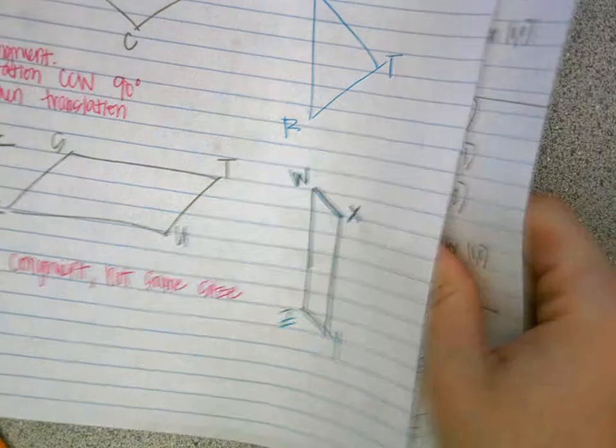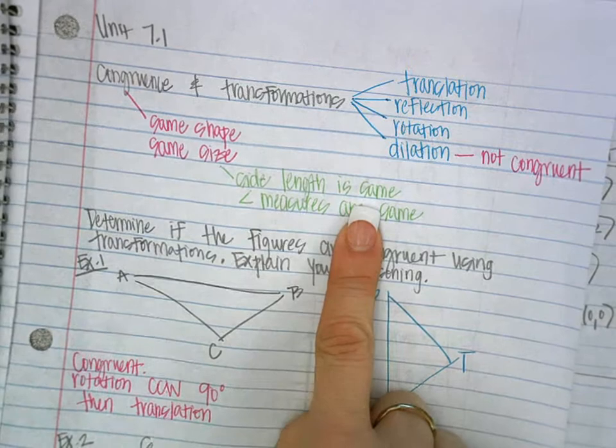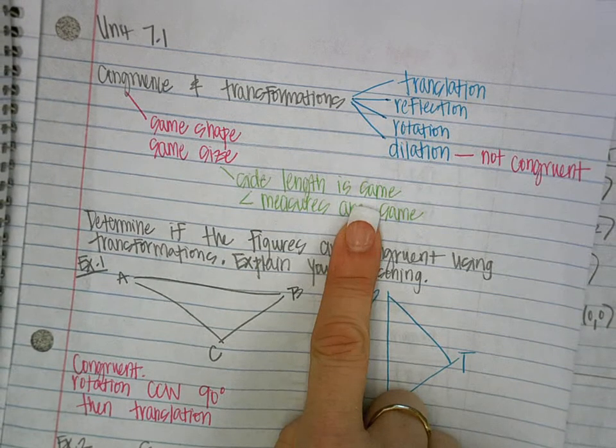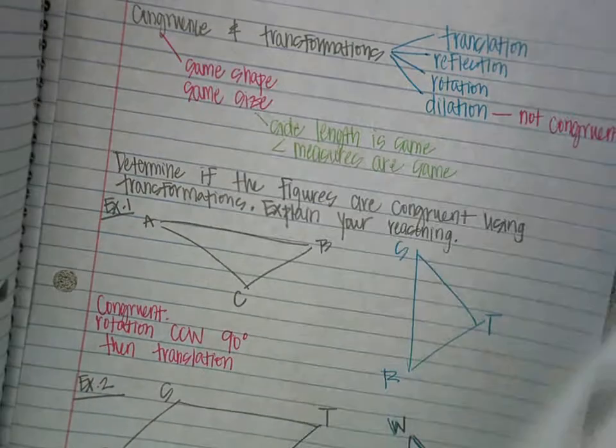For example, number 3. Remember I told you earlier that side lengths being the same makes something congruent, right? So now what we're going to do is perform a transformation, okay?